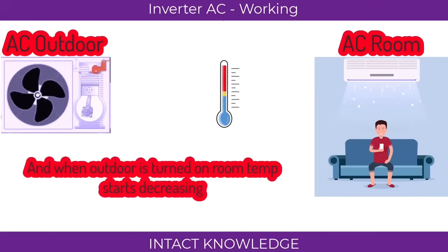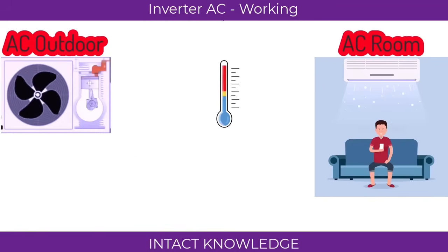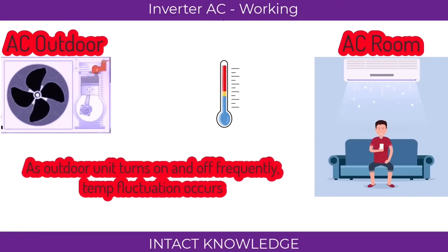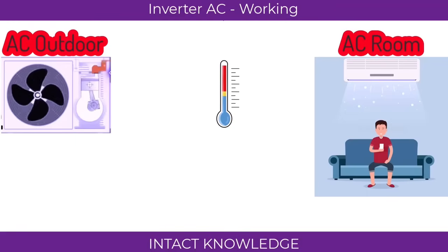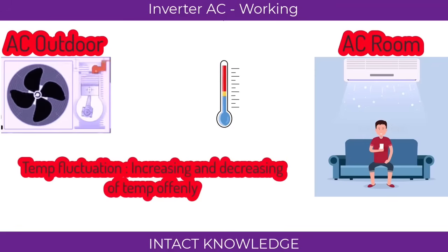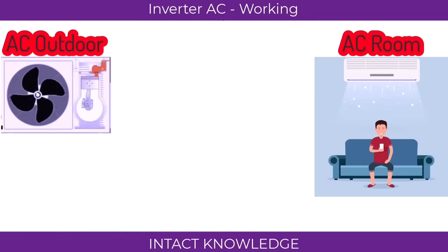Then, when the outdoor unit starts running, the temperature of the room will decrease. As the outdoor unit turns off and turns on frequently, temperature fluctuation occurs in the room. That is, the temperature of the room is not uniform and often increases and decreases, which is called temperature fluctuation.